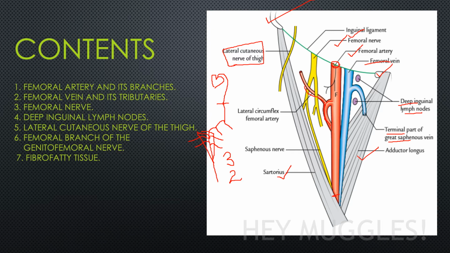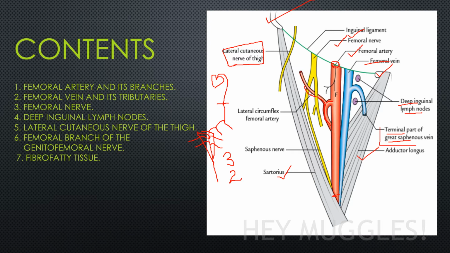Okay. So next we have femoral vein, right? So femoral vein receives its tributaries from the great saphenous vein, that is GSV, and I think this is all about it. It is getting its tributary from your great saphenous vein, right?